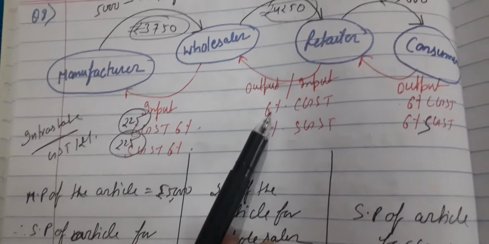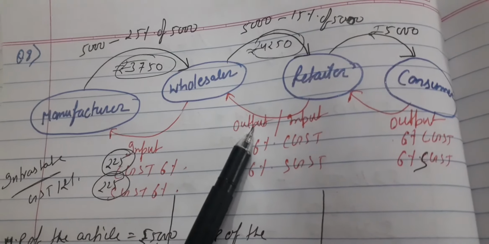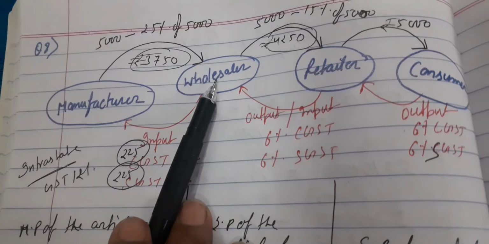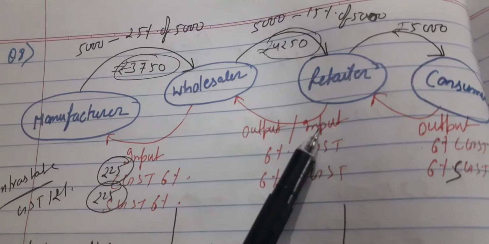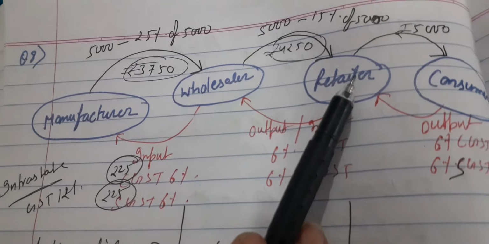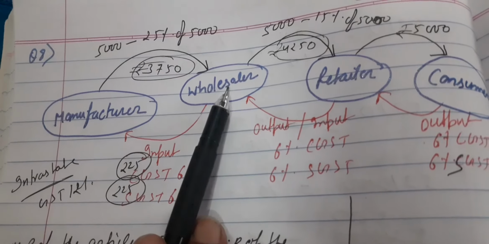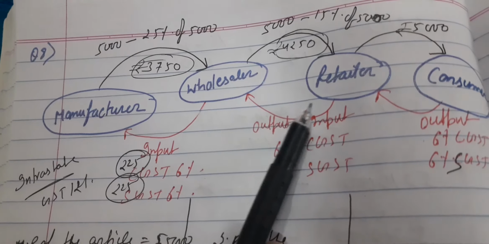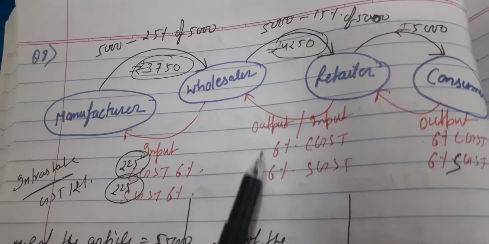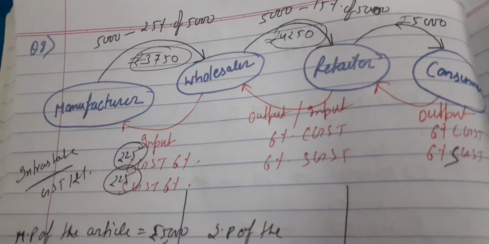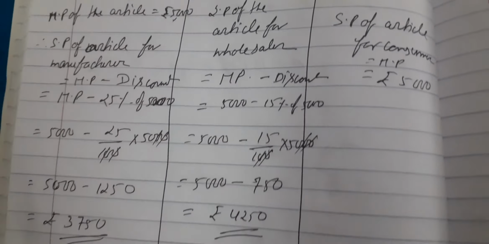Please show the diagram. What I have written, I am going to calculate this one. So I have written output CGST for wholesaler, or we can write input CGST for retailer, because for retailer this is input CGST, for wholesaler this is output CGST. And I am solving it. So output CGST for wholesaler is 6% of 4250.